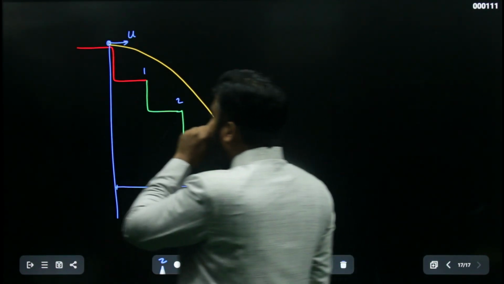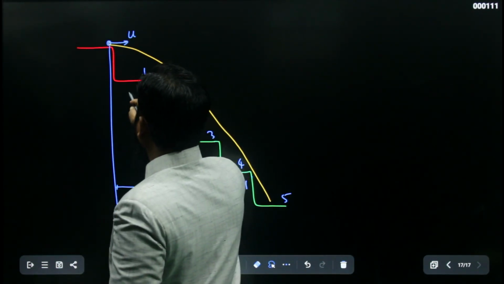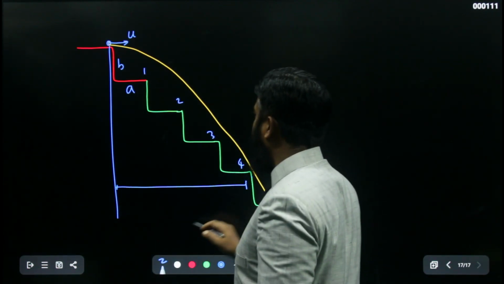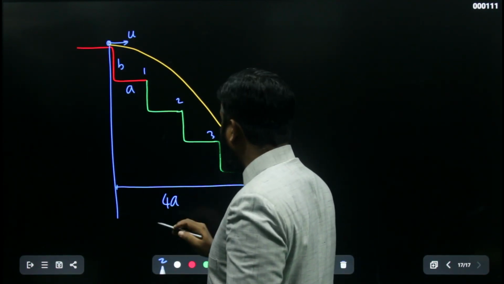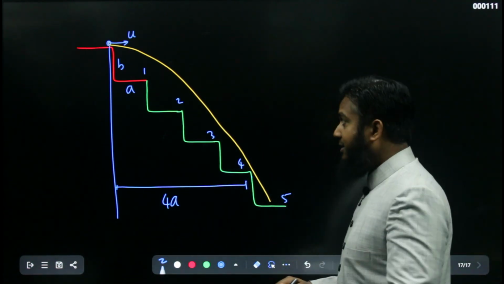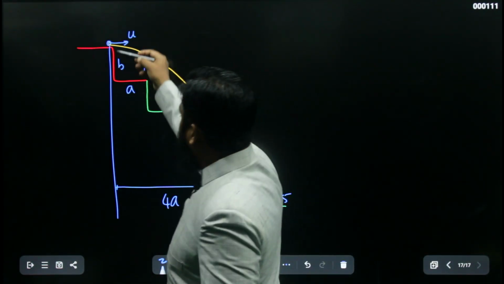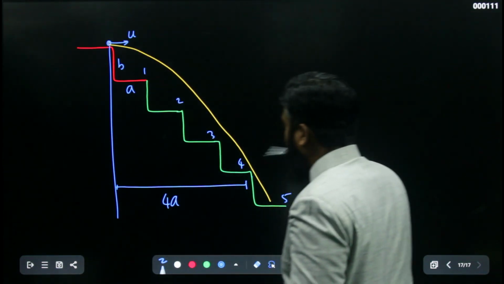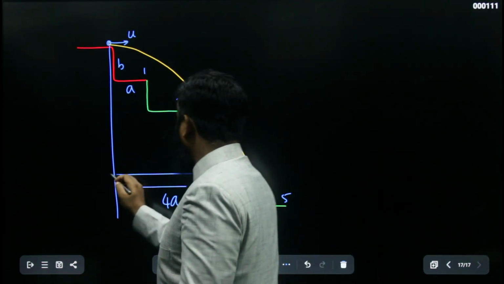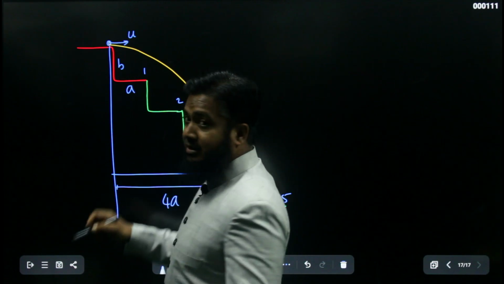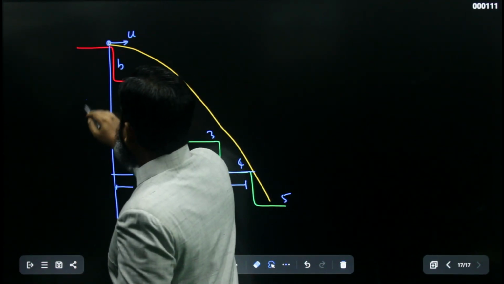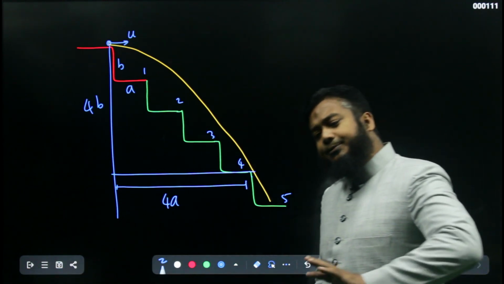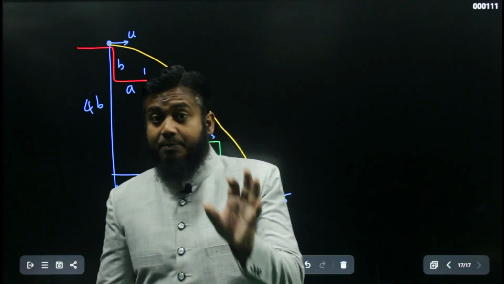So say if the width of the steps is a and height of the steps is b, then this whole distance is simply 4a, and the height descended by the ball is also equal to 4 times the height of each step. Ball is here when it just passes the edge of the 4th step, so it would be simply 4b.